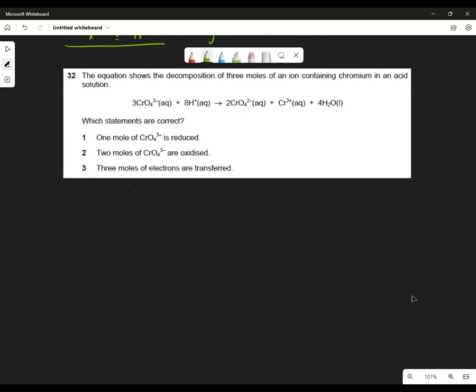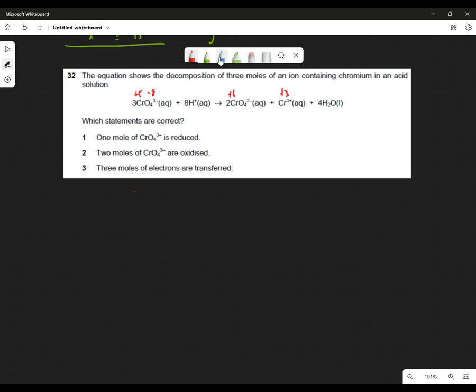Number 32, the equation shows the decomposition of 3 moles of an ion containing chromium in an acid solution. Which statements are correct? 1 mole of CrO4 3- is reduced. Well, let's have a look. This is minus 8, so the oxidation number of the chromium is plus 5. Over here, minus 8 to minus 2. Here it's plus 6, and here it's plus 3.